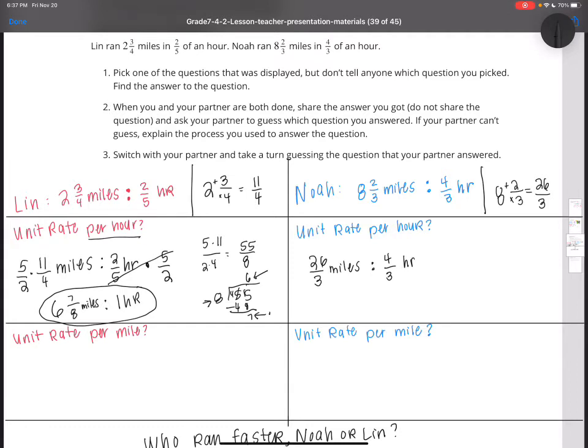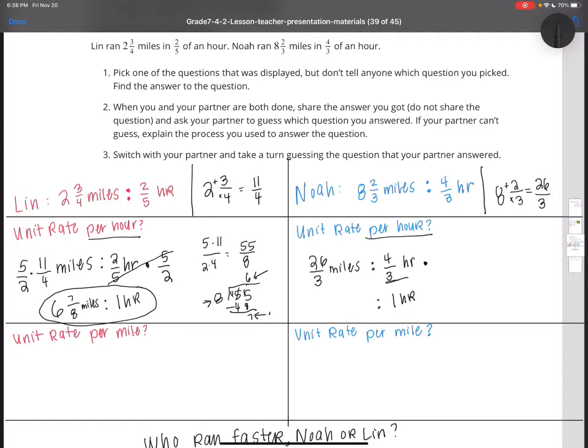Okay? So, like I said, we're trying to find the unit rate per hour, which means that this side is the one that's going to a value of 1. Okay? So this side is the side that's going to the value of 1, which means that I need to multiply this side by its multiplicative inverse.